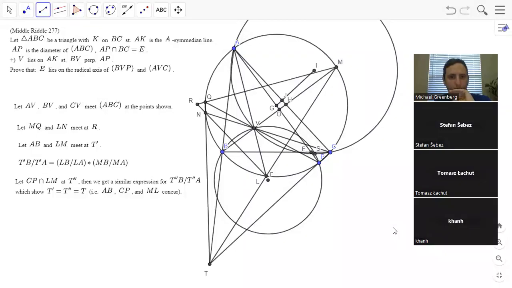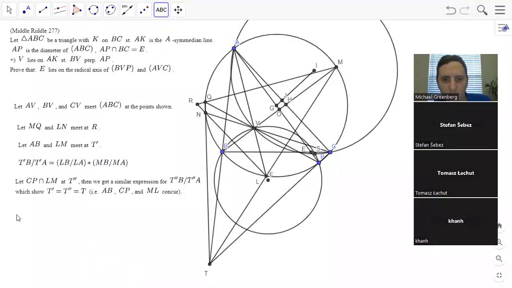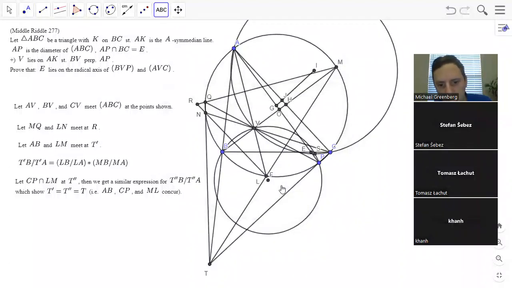Oh yeah, I got this. So when you let QN meet PC at a point T1, we're going to call D the polar of V with respect to circle O. So T1 lies on the polar of V, so that means T1 is the intersection of line D and PC.